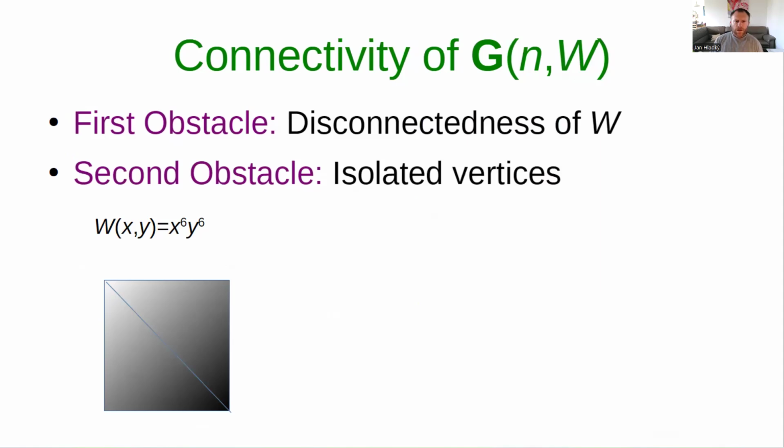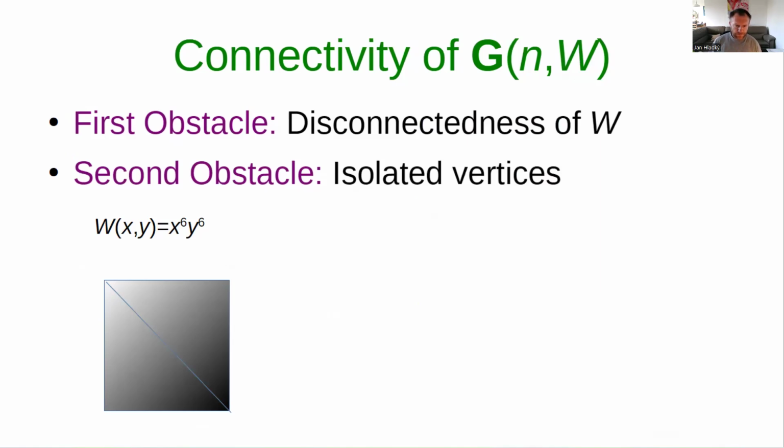Okay, so what I have on the picture is a graphon. It's an example of a graphon defined by W(x,y) equals x to the 6 times y to the 6. So x and y are elements of the unit interval, so I can take their 6th powers, I can multiply them. Right?